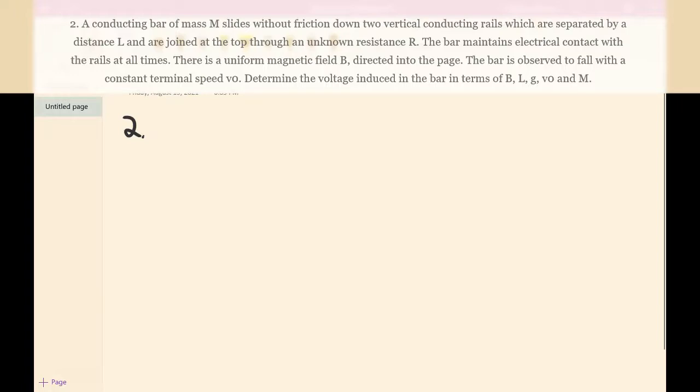We have this conducting bar of mass M here, and it slides down two vertical conducting rails.